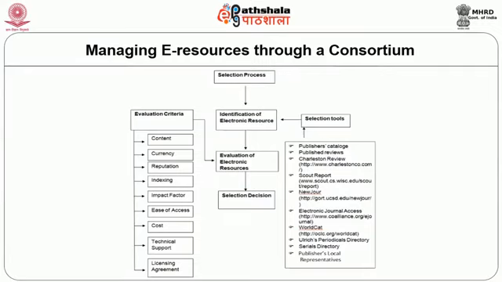A policy framework should be developed which operates as a blueprint for selectors and helps them to ensure uniformity in procedures and appropriate balance in selection of e-resources. The selection of any e-resource is a three-step process which includes identification or discovery, evaluation, and finally the decision.